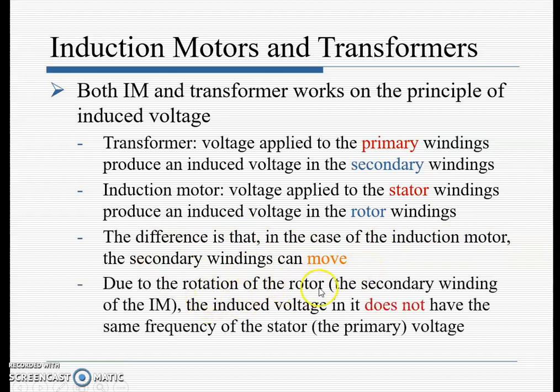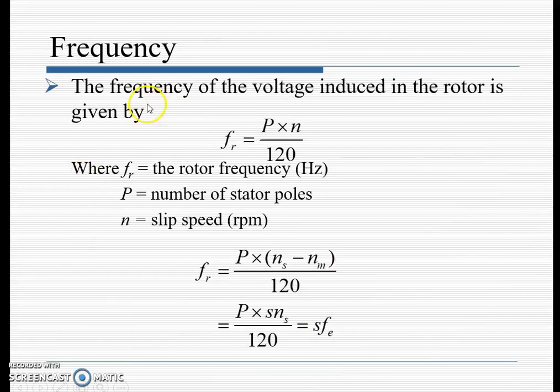Due to the rotation of the rotor, the induced voltage in it does not have the same frequency as the stator voltage. The frequency of the voltage induced in the rotor is given by F equals P into N divided by 120. This we get from the same formula of the synchronous speed, 120F upon P, from where we calculate F equals P into N by 120.